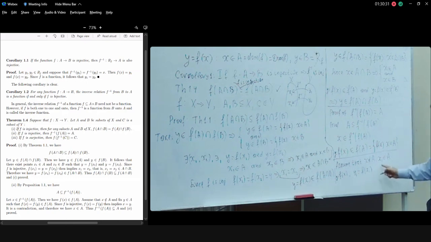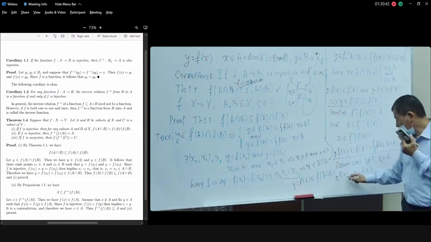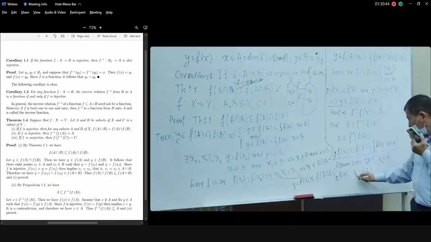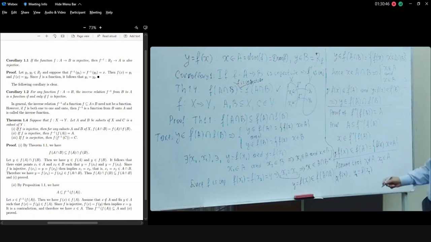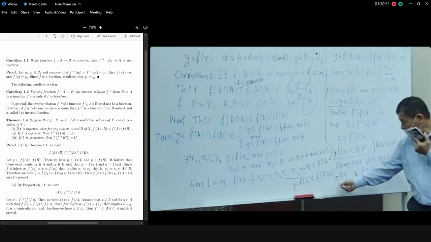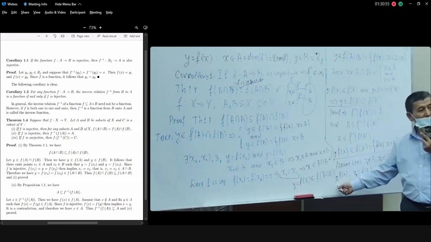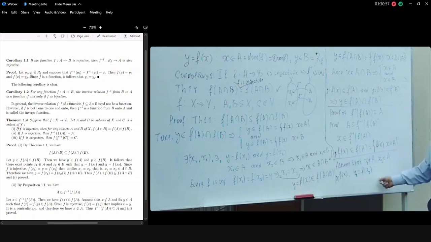So I will get another element from the second one. I think here it is better to say x1, x2, y1 and y2. I'm taking one element from A and one element from outside. I think this way is more proper. Take one element outside of A, one inside of A, and acting f gives the elements y1 and y2.